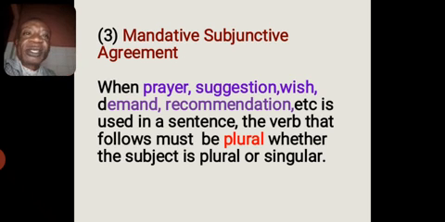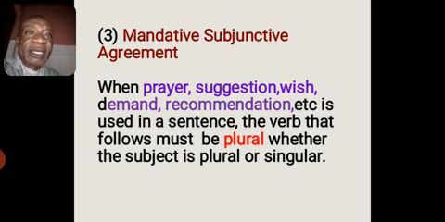In other words, when such words are used in a sentence, the verb that follows must be plural, not singular.